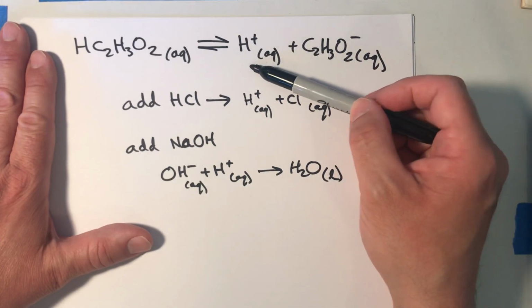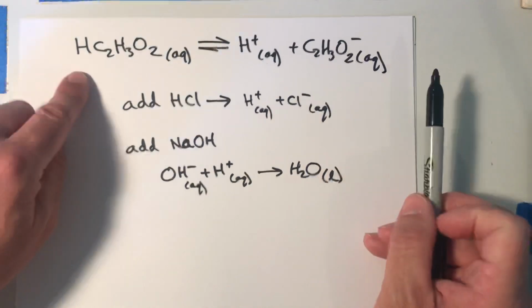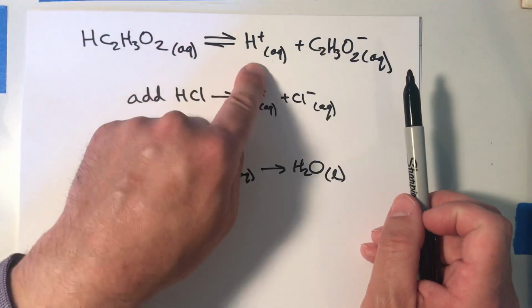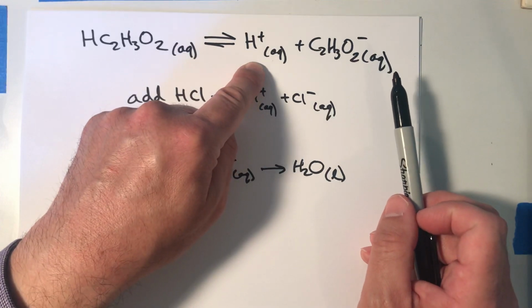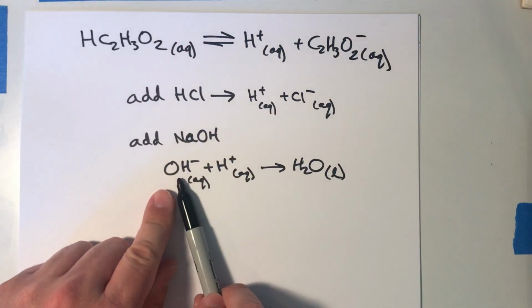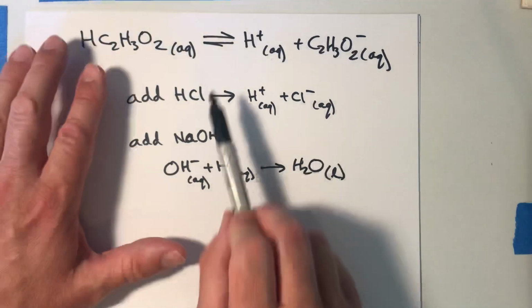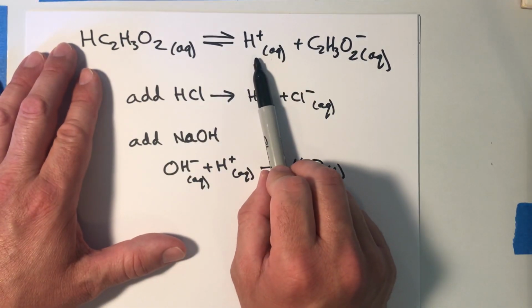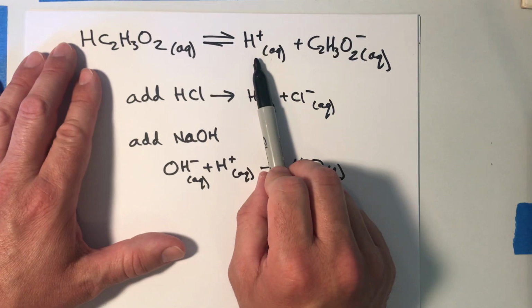Le Chatelier's principle says if you remove something from the product side, the reaction will proceed in the forward direction to replace it. And so that's going to put those H plus ions back into solution that you just removed by reaction with the hydroxide. When the reaction shifts forward, it replaces those H plus ions, and the pH has very little change.